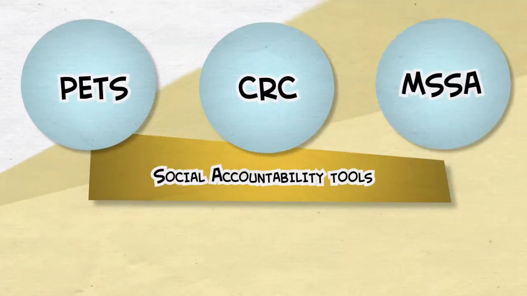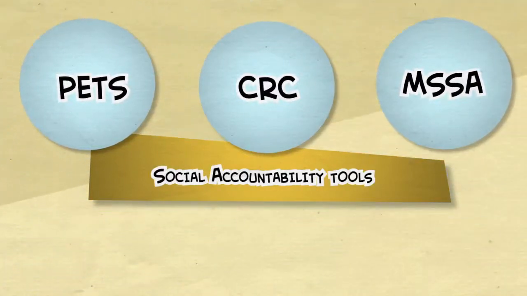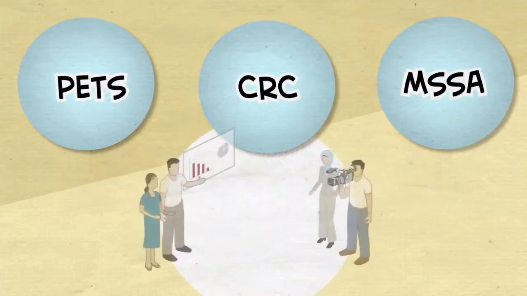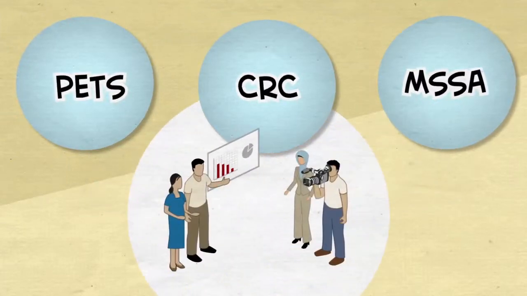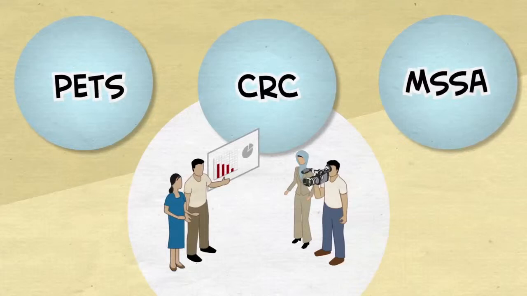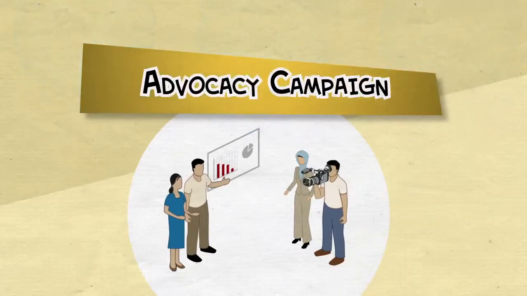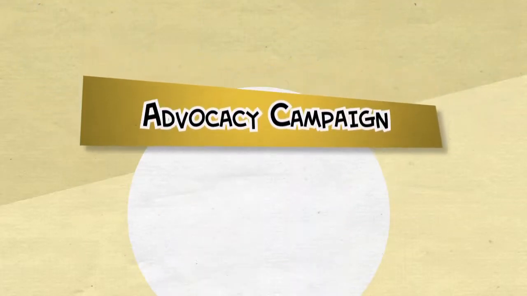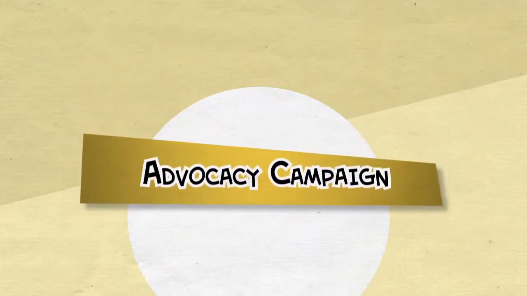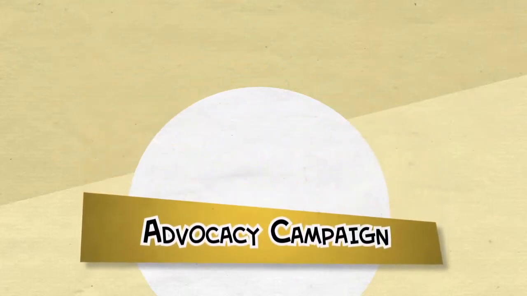In all these tools, one helpful step for a successful engagement involves disseminating or sharing your findings to get others to support your advocacy. This is called Advocacy Campaign, where you publicly promote your advocacy to a wide audience through.